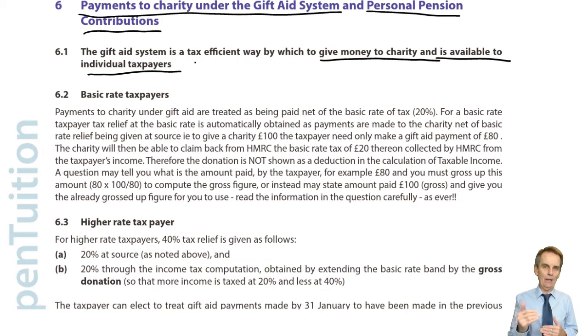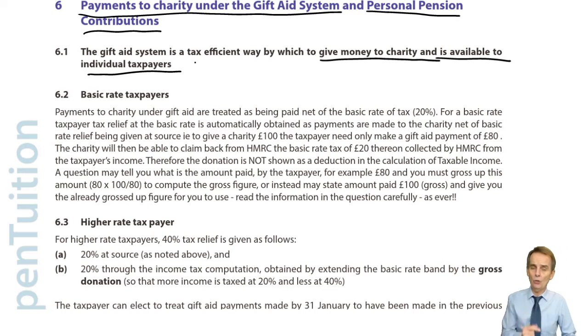So I had an income figure of £100 from which HMRC at basic rate took 20%, and it left me with £80 net disposable income in my pocket. And I've given that to my favourite charity.